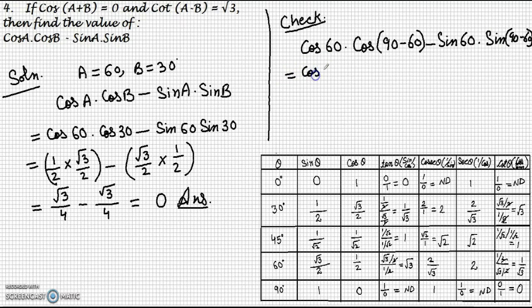Now we know that cos 90 minus theta is equals to sin theta. So cos 90 minus 60 will be sin 60.